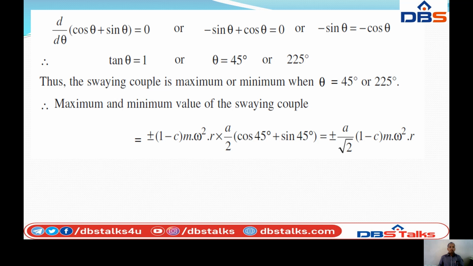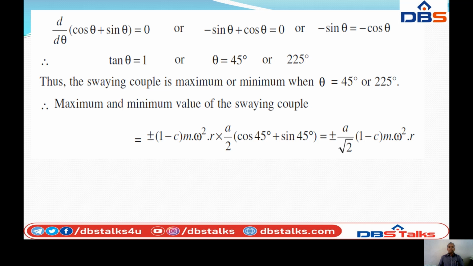In order to reduce the magnitude of the swaying couple, the revolving masses are introduced. But the revolving masses cause an unbalanced force to act at right angles to the line of stroke. These forces may vary the downward pressure of the wheels on the rails and may cause oscillation of the locomotive in a vertical plane about the horizontal axis.